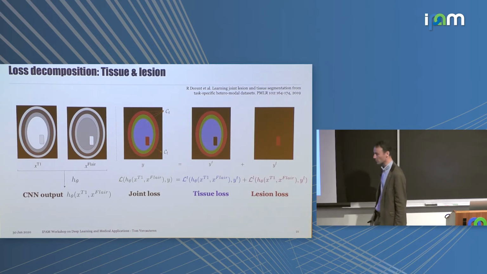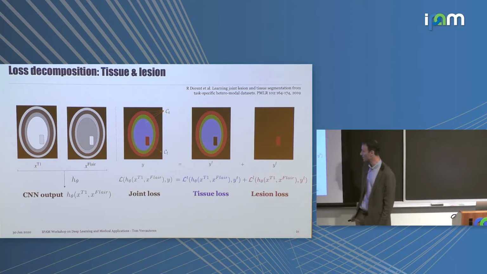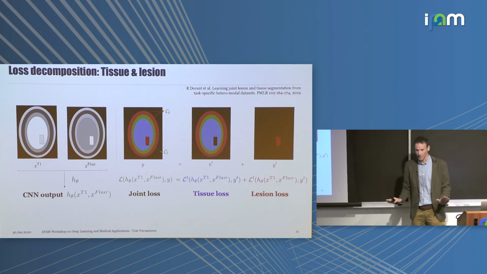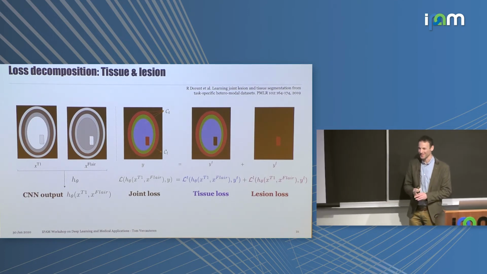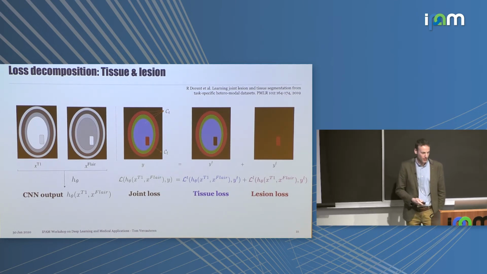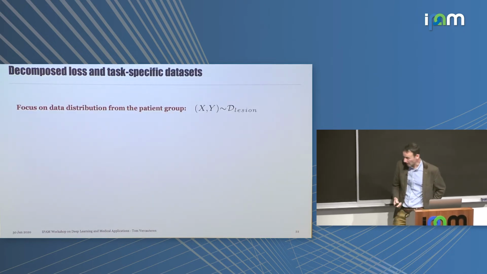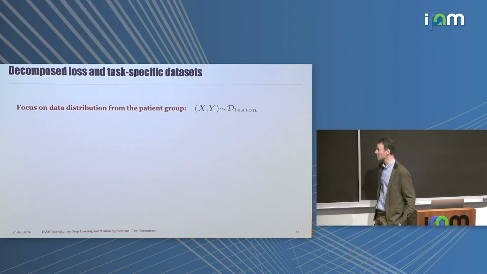Most of the losses would allow us to do that. So we have a tissue loss and we have a lesion loss. Nothing fancy here. We just pair the labels according to whether they correspond to the tissue or the lesion. Okay, so that's the first starting point.